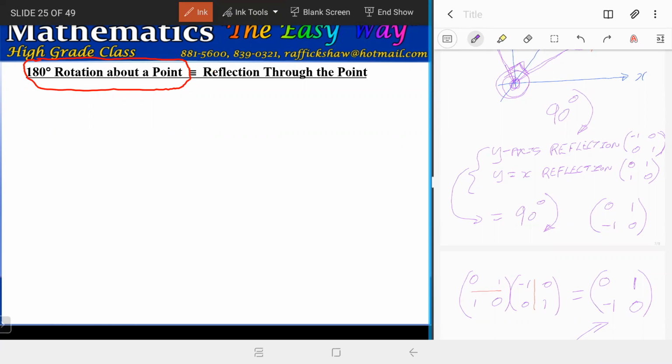Instead of trying to construct the rotation, it's better you reflect it through the point, the center point of the rotation. These two things give you the same result.